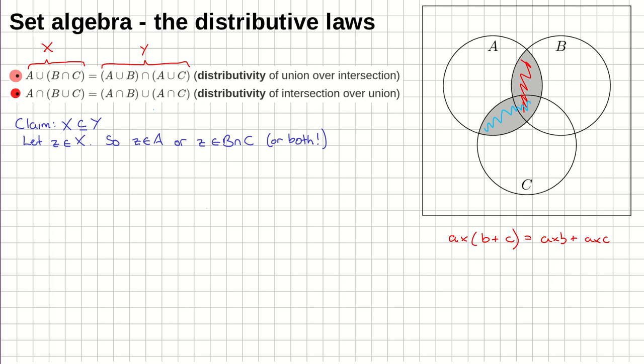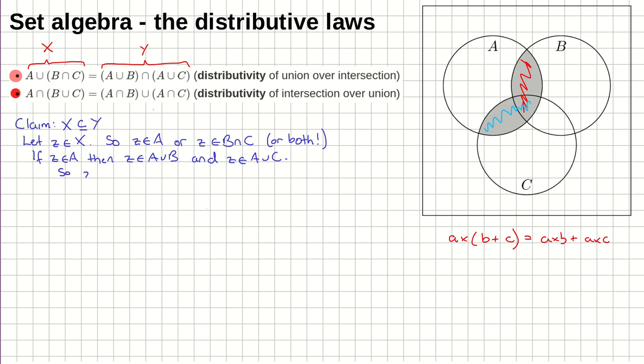Well, okay, if Z is in A, then for sure Z is in A union B, because if you're in A, then you're in A union anything. And what's more, Z is going to be in A union C for the same reason.